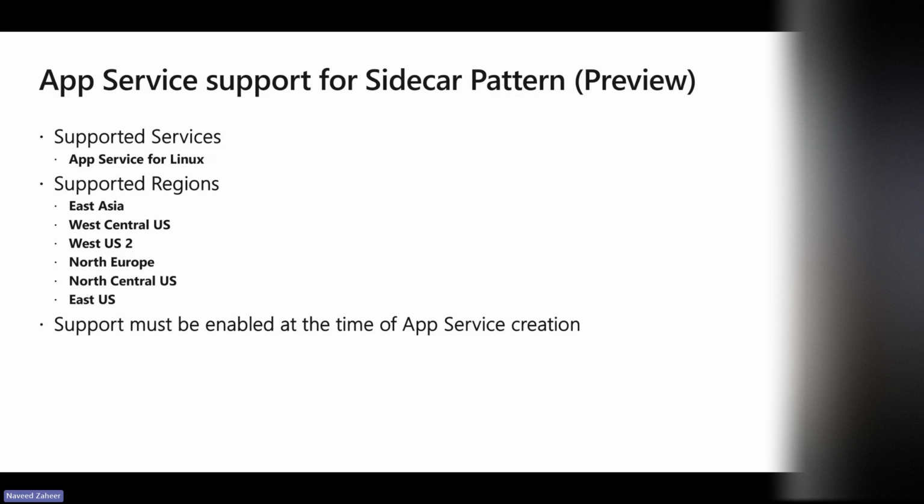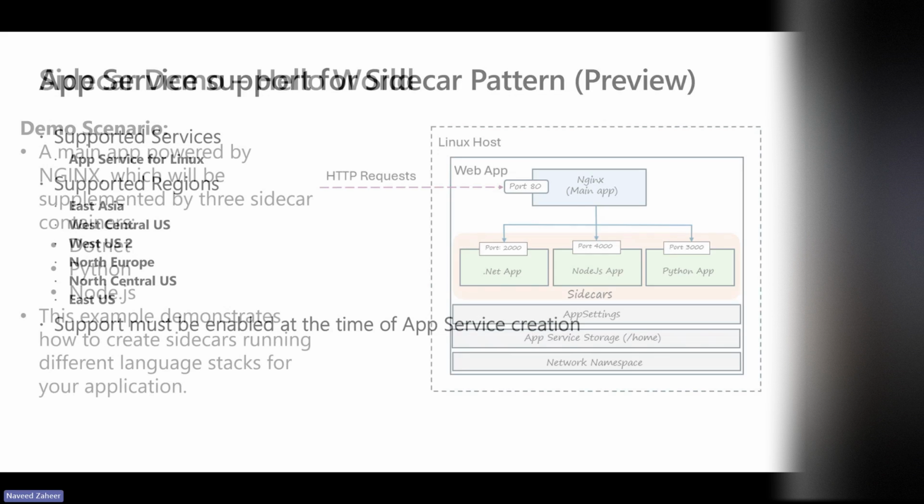And at this moment, in this public preview, you have to enable this support at the time of app service creation. Okay, if you don't do that, you won't be able to turn it on. This may be just a preview thing, but this is something to be aware of.